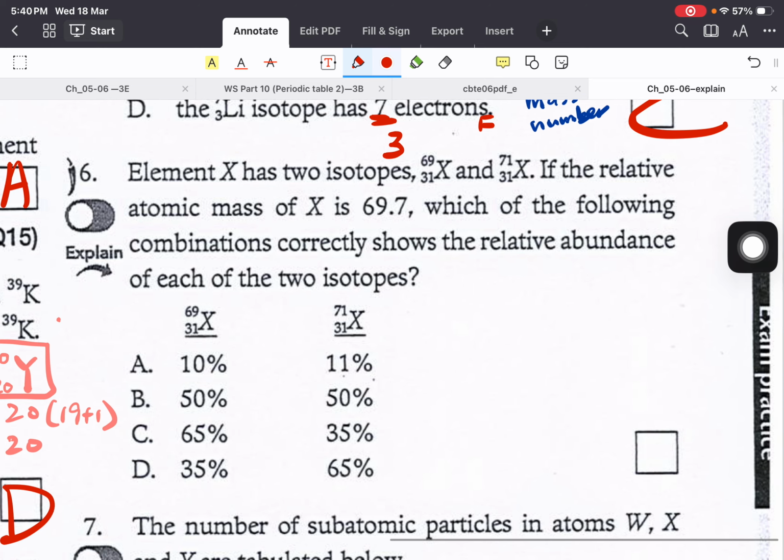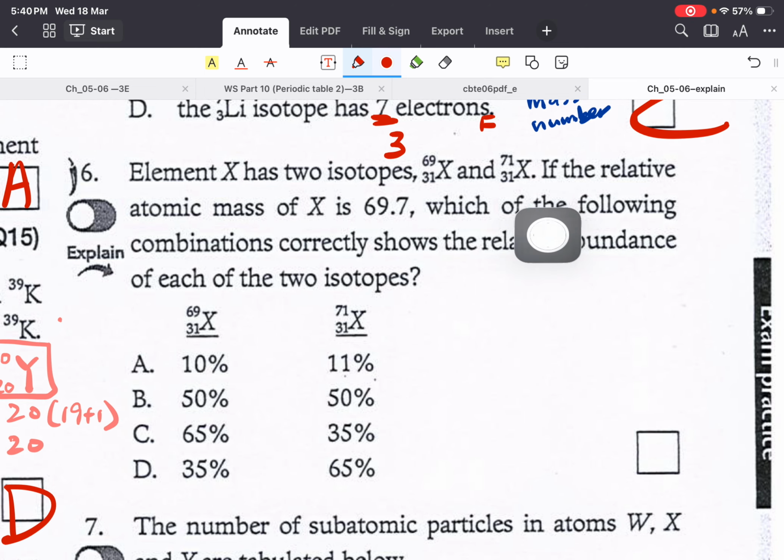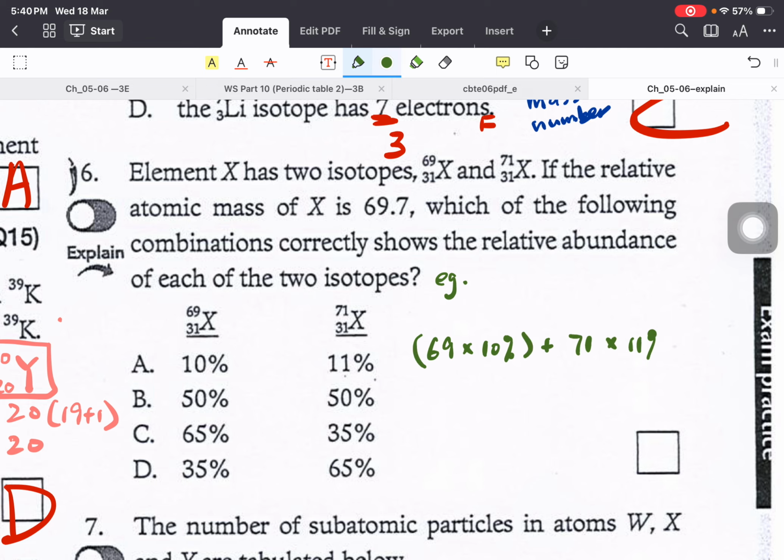Do we have to take out the calculator and multiply every time? For example, 69 times 10% plus 71 times 11%, pressing all four like this? No need. It is not necessary because we can see this number 69.7 is quite close to the middle of 69 and 71.